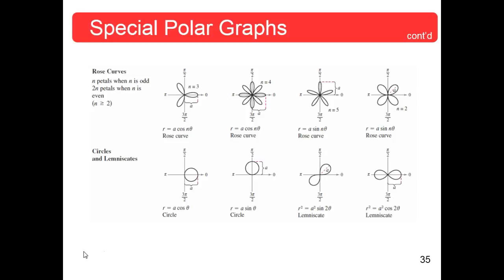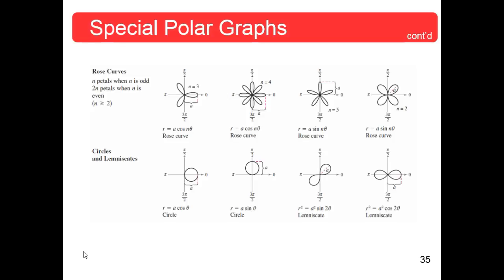Now, here's some other special polar graphs. Your rose curves. We did the triple rose curve. You have n petals when n is odd, 2n petals when n is even. That's what we sort of were seeing before. If you have n theta and n is an odd number, you're going to have n petals. If n is an even number, you're going to have twice n petals.